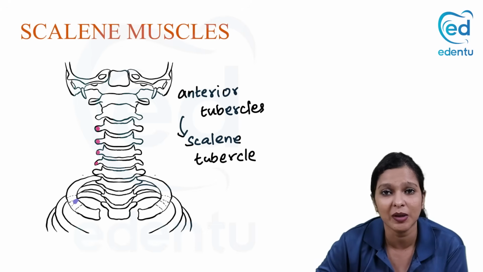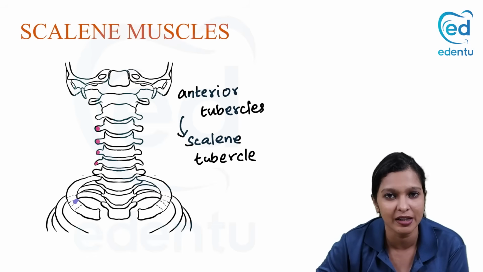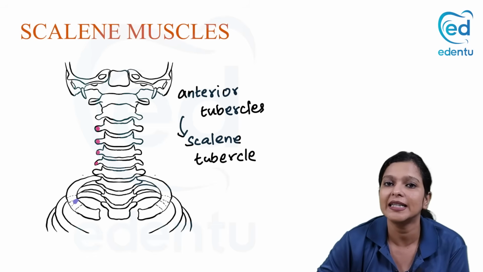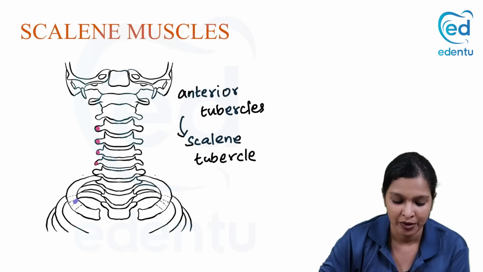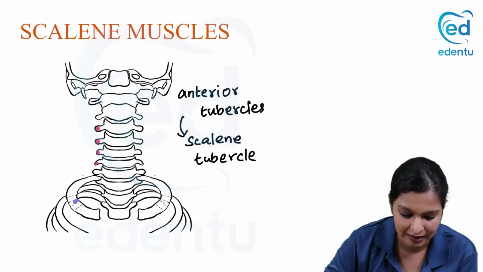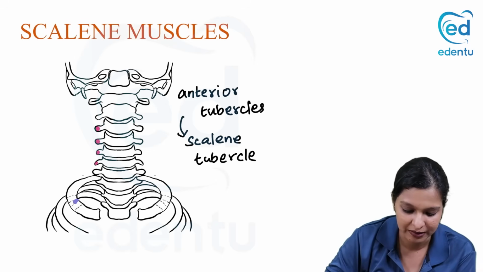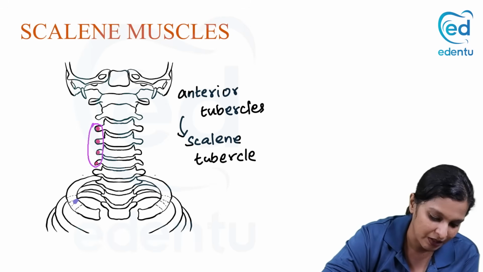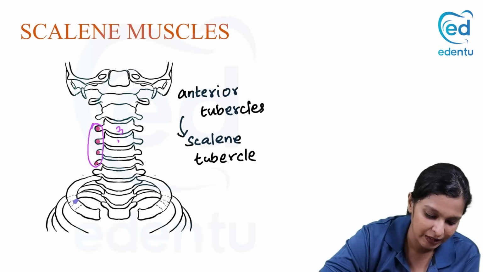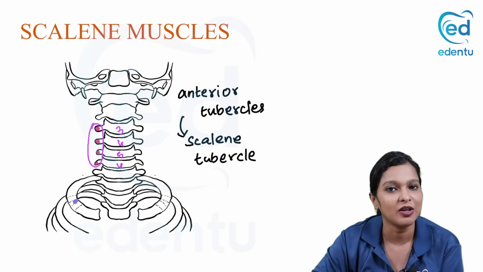Now remember, this muscle is related to the phrenic nerve. On the anterior surface of this muscle, the phrenic nerve descends down. The origin of this muscle is from the anterior tubercles of cervical vertebrae 3, 4, 5 and 6.